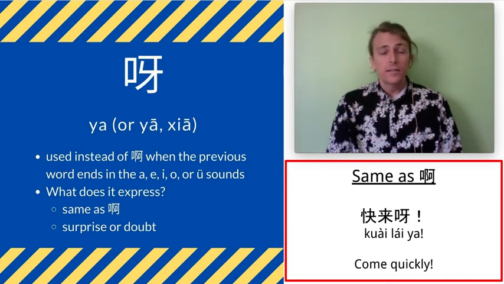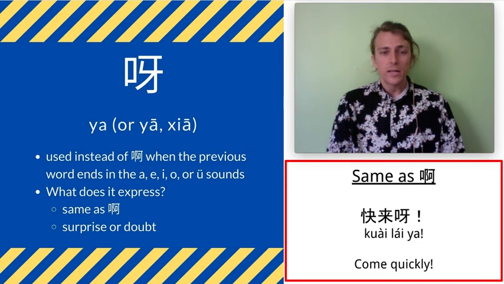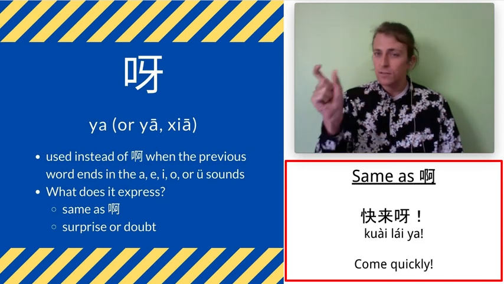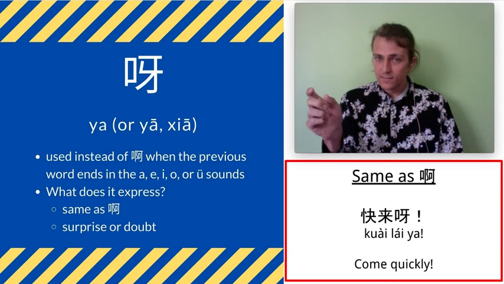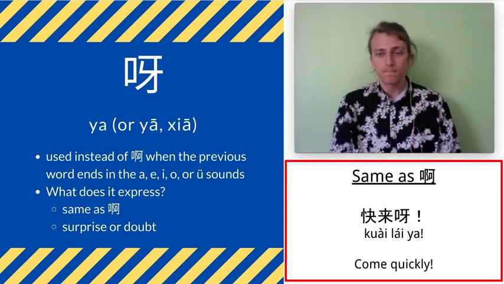So ya is used in much the same way as that's the first way that it's used anyway. So we use ya after a character that ends in an a, i, o, or u sound in Chinese.